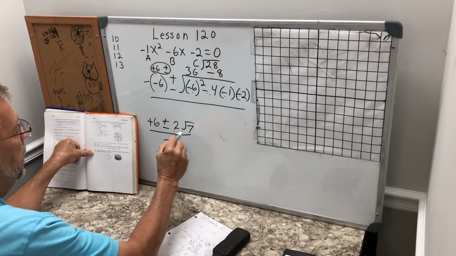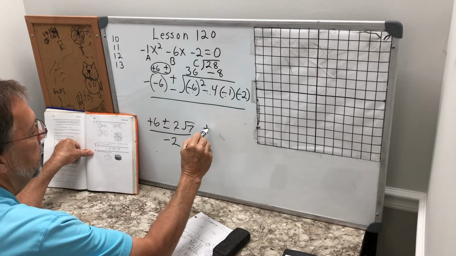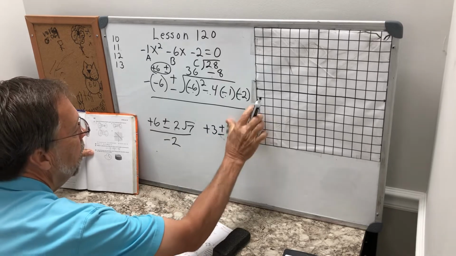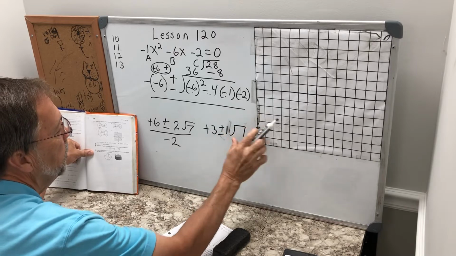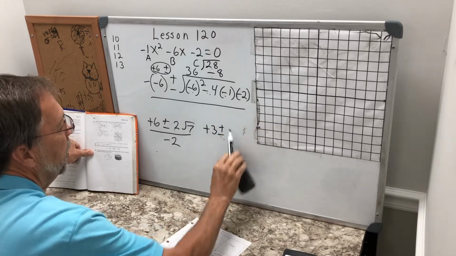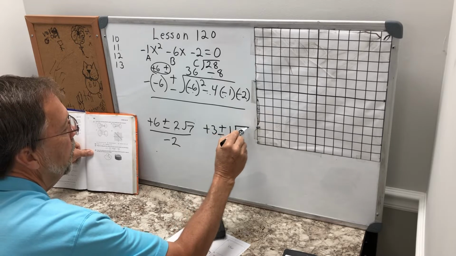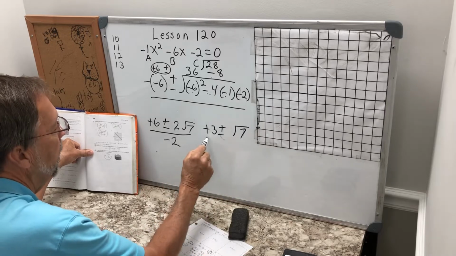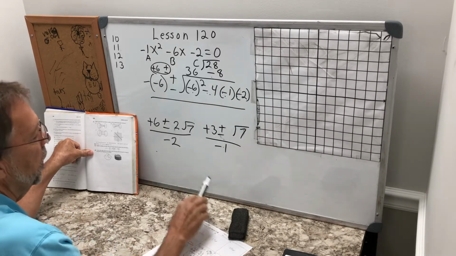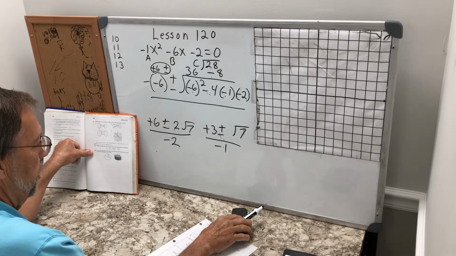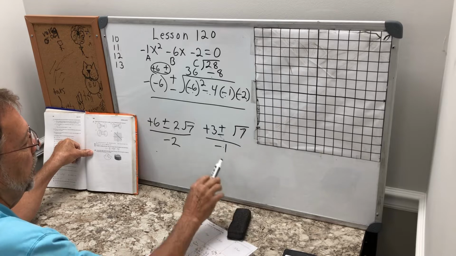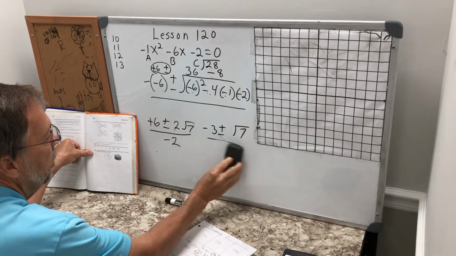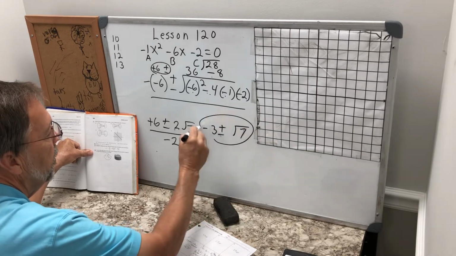The 2 will go into all of these, so this becomes a positive 3 plus or minus 1 times the square root of 7, over a negative 1. Now we don't want to leave this in this form. If it were a positive 1, we could get rid of it. What we can do is make this a negative 3, and we get rid of this right here. Finally, there is our answer for number 10.